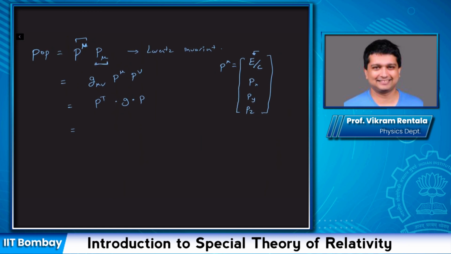So what we get for this dot product will be E square by c square minus px square minus py square minus pz square.